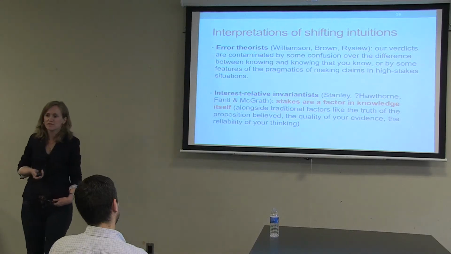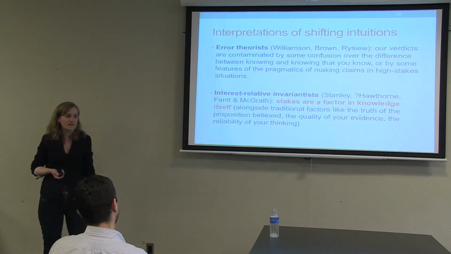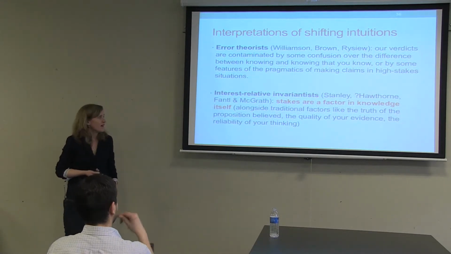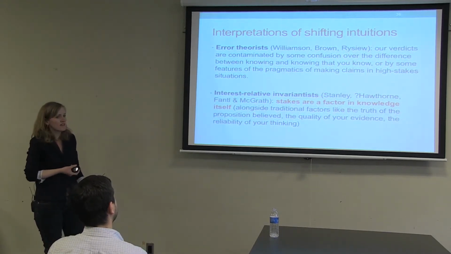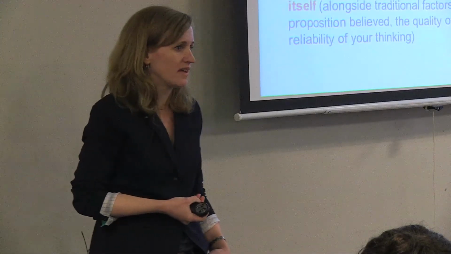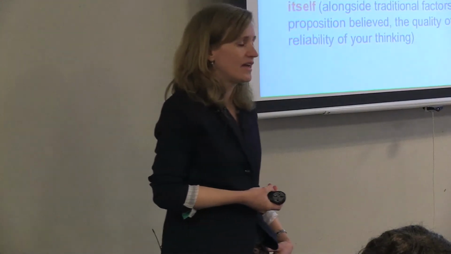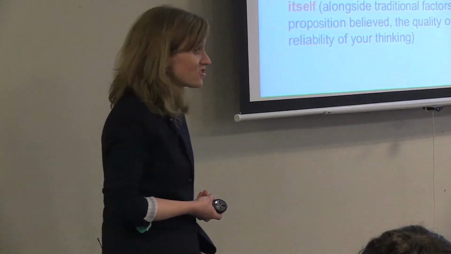Your possession or failure to possess knowledge depends in part on what is practically at stake for you in the decision. And that's supposed to be a surprise because you would have thought knowledge depends strictly on the quality of your evidence and your thinking and whether the proposition that you believe is actually true or not. You might think it just relies on that.